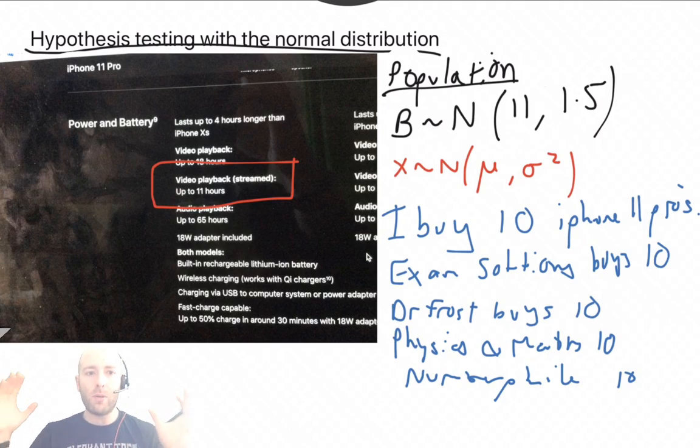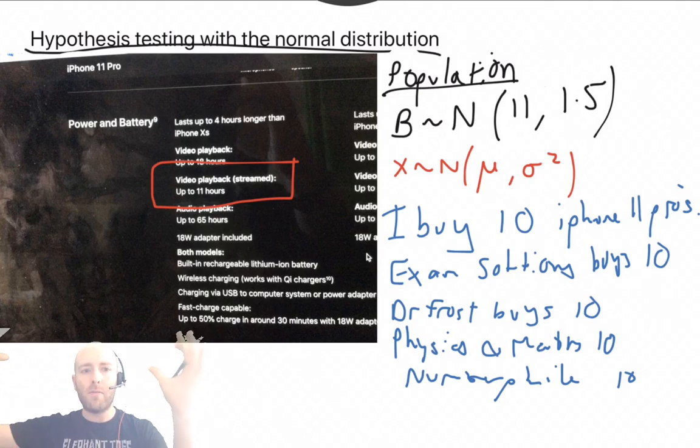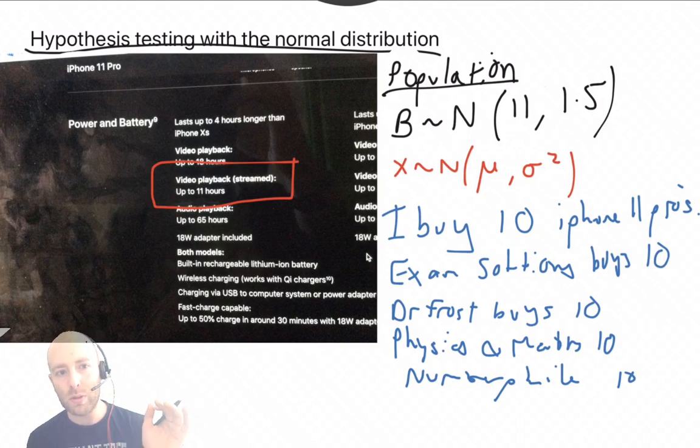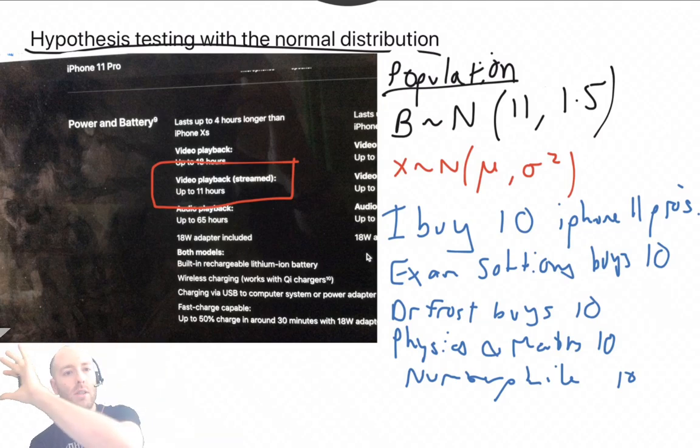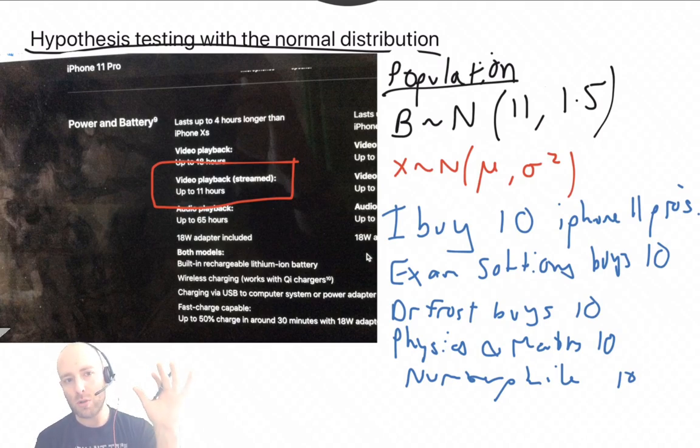And let's say we all calculate the mean of our sample of 10. And we all come up with different means. But all of our different means should fit a normal distribution. So if you take lots and lots of different samples of a population, the means of all of those little samples should fit a normal distribution as well.